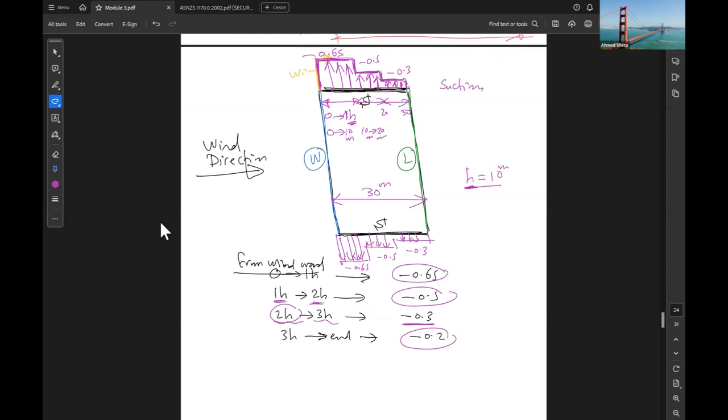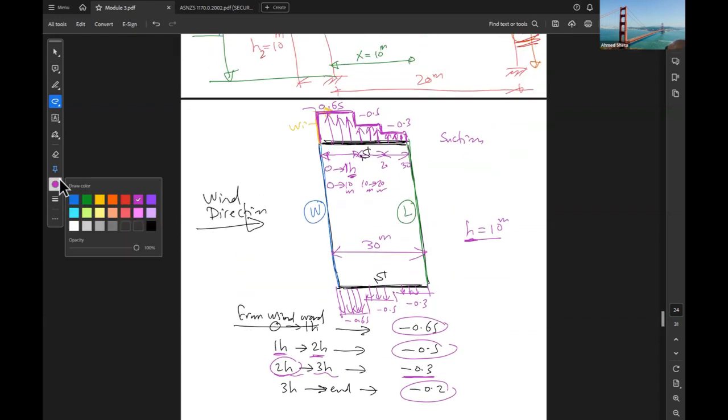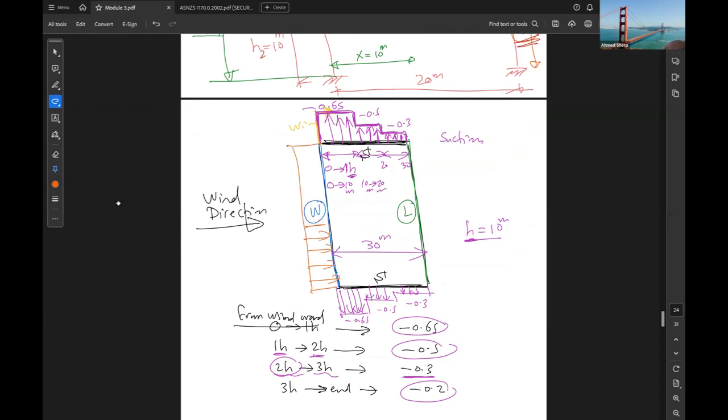The pressure on the side walls is steps, but the pressure on the others, like leeward and windward, is uniform. So if I want to add all of them at once here, what do you expect? Is it one value or steps for the windward? It is one value. The CPE, sorry, was 0.7, right?